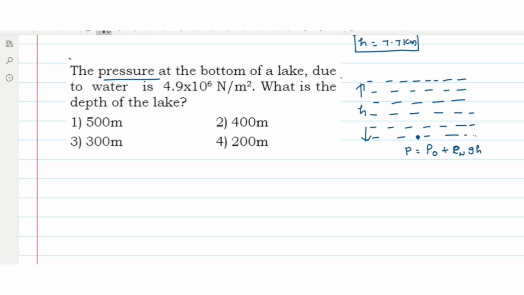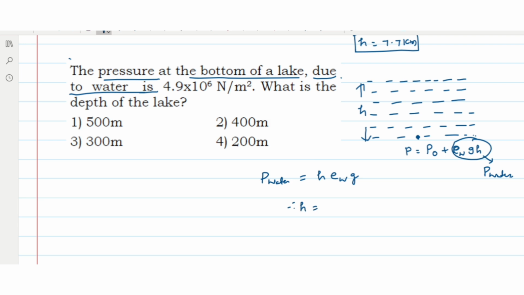The question is, what is the depth of the lake? The pressure at the depth is P naught plus the pressure due to the water. The pressure due to the water is h into rho into g, where rho is the density of the water.